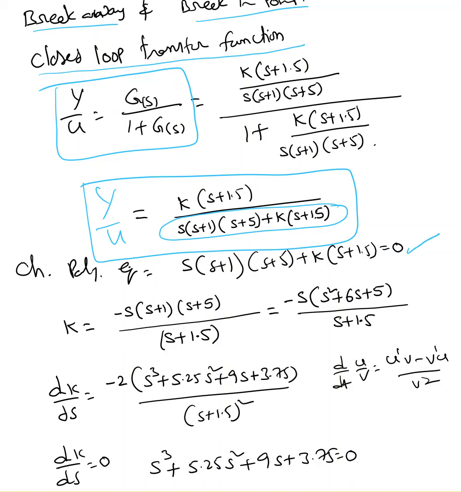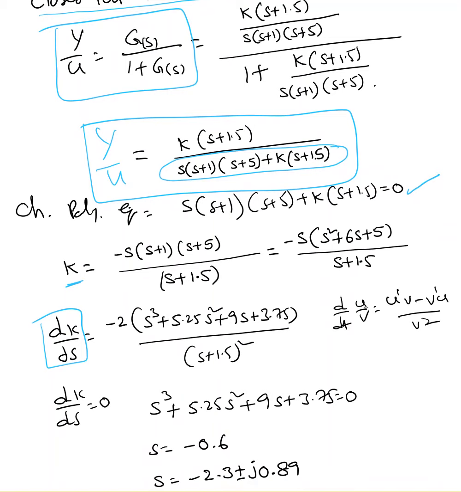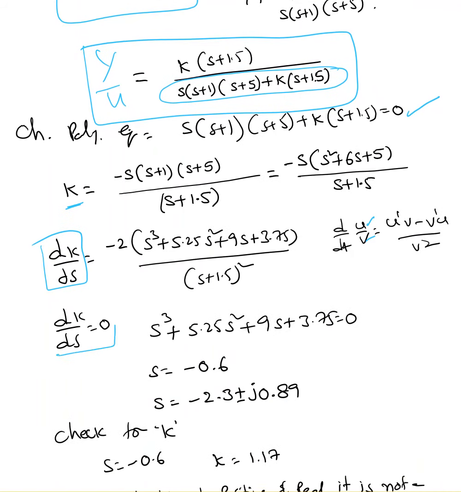Make it equal to 0 and find the k value. Once you have the k value, find dk over ds. Since you have u by v, you use the u by v formula: u prime times v minus v prime times u over v squared. Make dk over ds equal to 0.